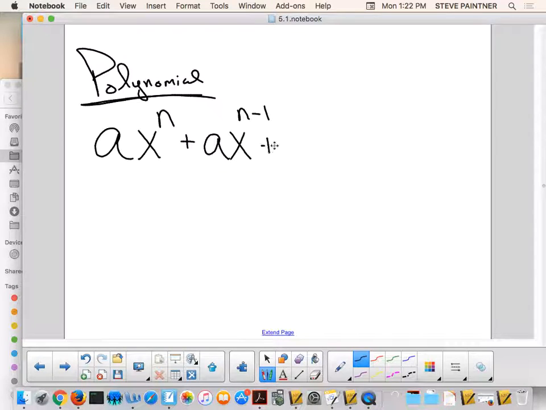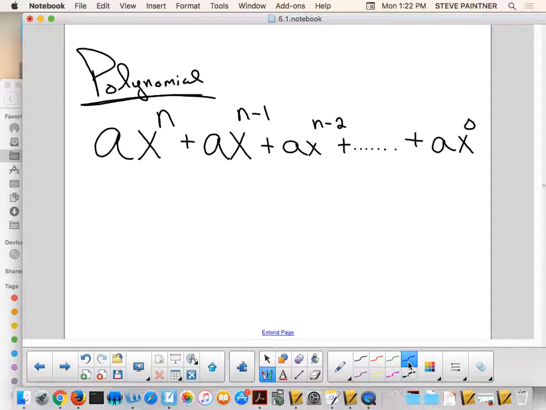Okay. Plus a times x to the n minus 2 plus, until you get to what? Just the a, followed by x to the what? 0, which means there's no x term. There's no x. So this is just a number like plus 7, plus 12. That's all it is.